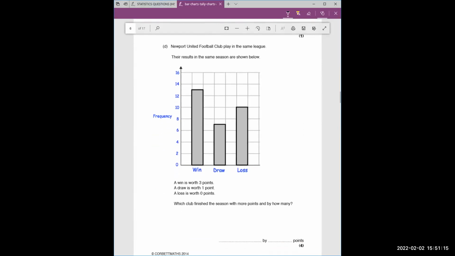All right, so it says Newport United Football Club. They play in the same league, right? They win how much in games, they draw how much in games, and they lose how much in games. They give you the points down there.